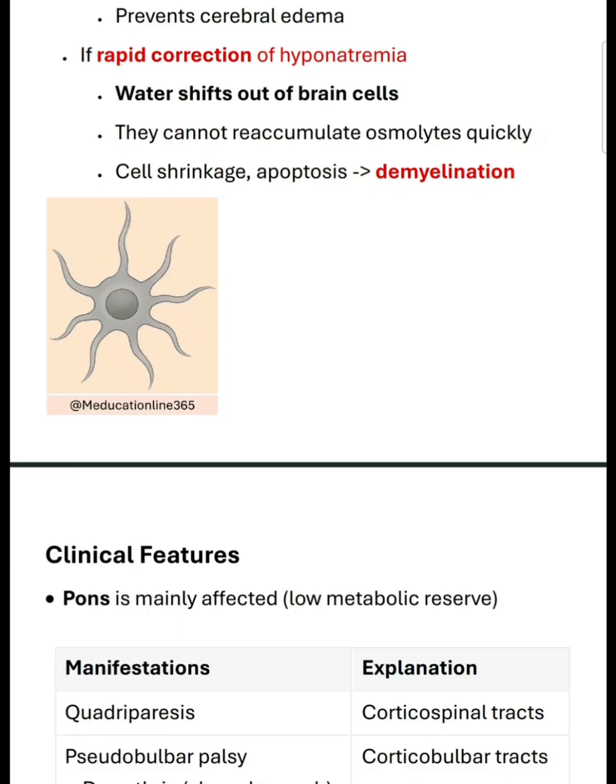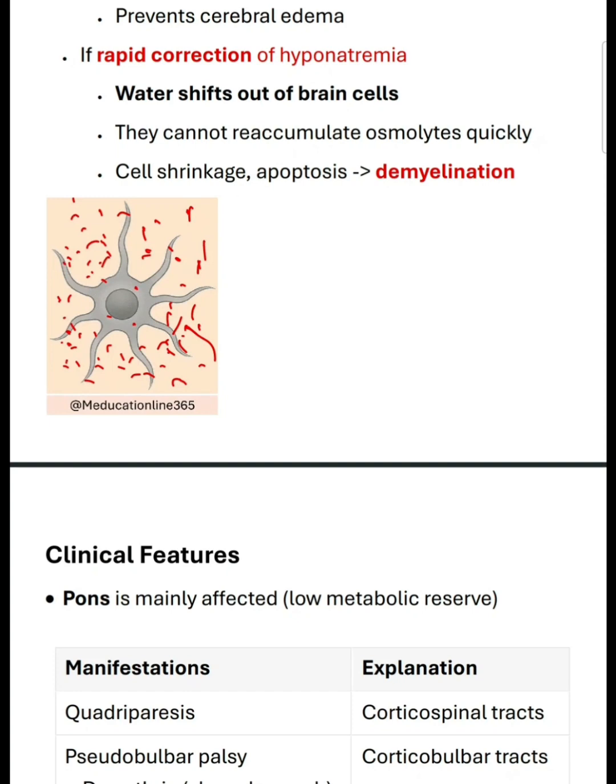Now, if you remember, the extracellular fluid has a lot of sodium in it, right? The concentration of sodium in the extracellular fluid is much higher than in the intracellular fluid.